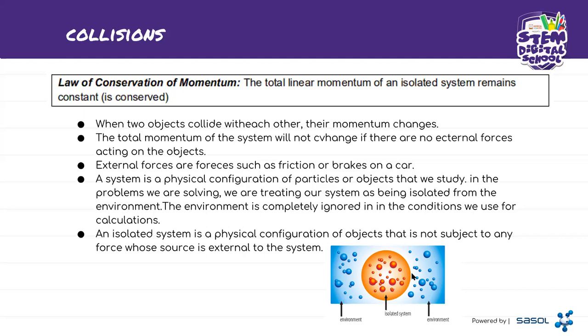If this was our ball, we are ignoring the air resistance. These are all environmental conditions that could be applied to this ball that is in motion towards a destination. So we just ignore them and make it an isolated system.